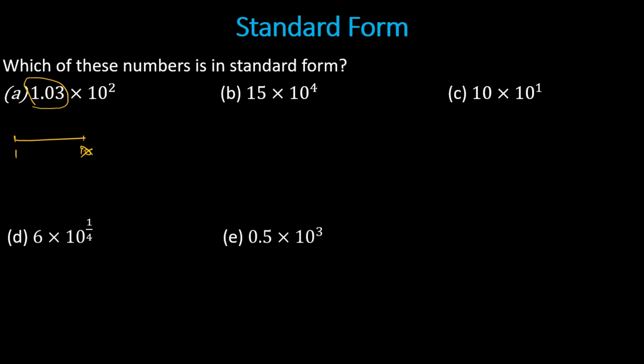Is it between 1 and 10? 1.03. It is very close to 1. This is okay. It has to be between 1 and 10. And what about the power? Is the power an integer? Yes. So definitely we have 1.3 times 10 to the power of 2. It is in standard form.